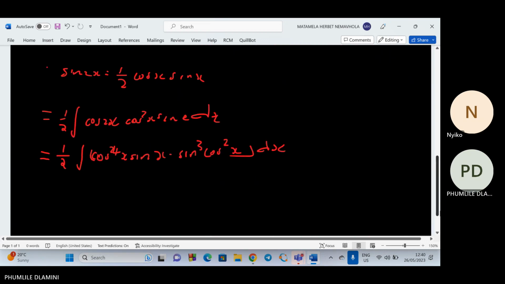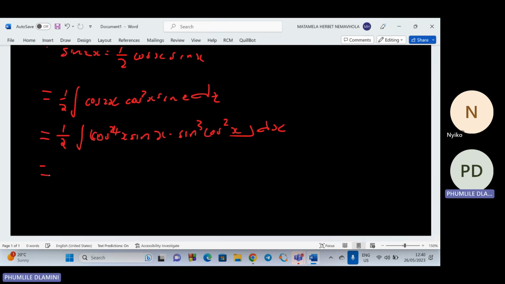So after writing this, we can separate them. We have 1/2 integral of cos to the power 4 x sine x minus 1/2 integral of sine cubic x cos squared x dx.